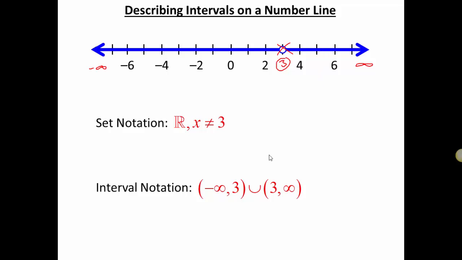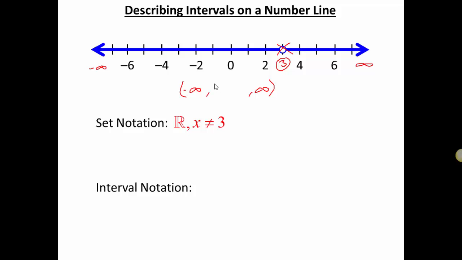Now another way to think of this that may be helpful in these situations where I just want to exclude a single number, sometimes what I do is I think of this to start with as, what if it was all real numbers? Well, it's going from negative infinity to positive infinity. But I have that break in the middle. Where is that break?